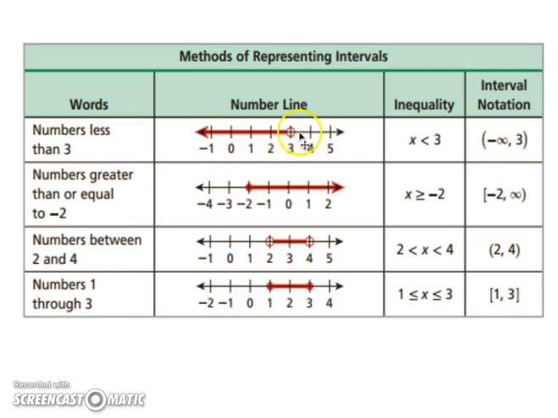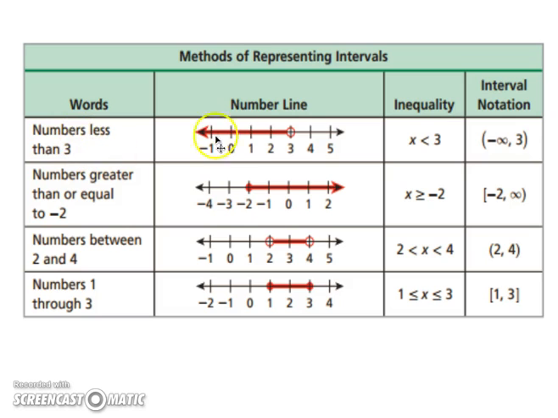So we've all done graphing before, and we know that when you have numbers that are less than without an equal to, it's an open circle. The open circle is very similar to your parenthesis, whereas the closed circle is similar to your bracket. You use them interchangeably. It just depends on which style of notation they're asking for.